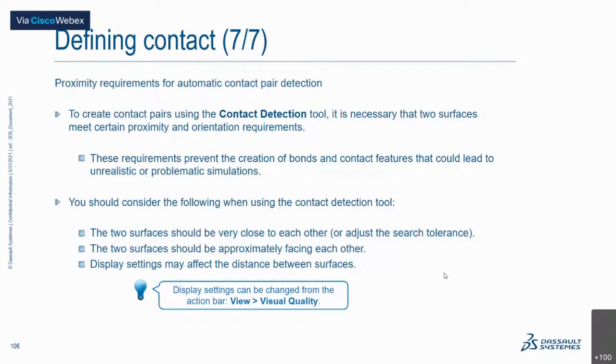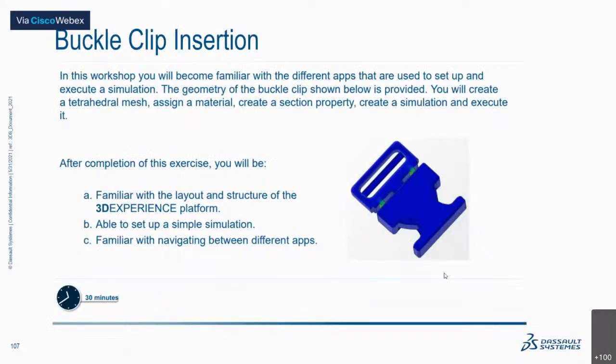So now that we have covered the whole basic setting up of a scenario, your simulation aspects, and your tool itself as to how you can generate a scenario, we can move on to creating a simulation process itself. What we'll be working on is an example like this. It's basically a buckle clip insertion model.